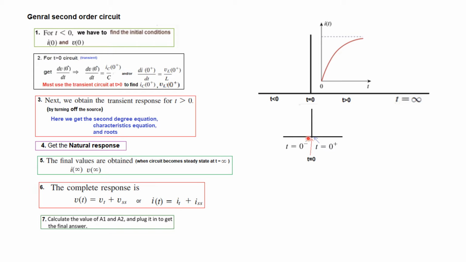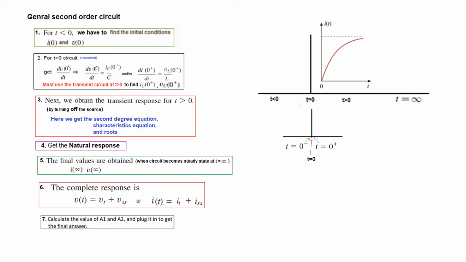They are very close to 0. Then we go to t greater than 0, where first we have the transient period. So we'll do the transient analysis, and then go to t equal to infinity to find the final value, and then we compute the total response.